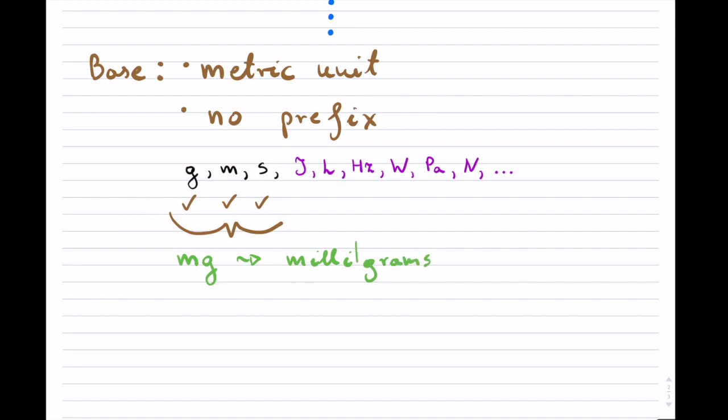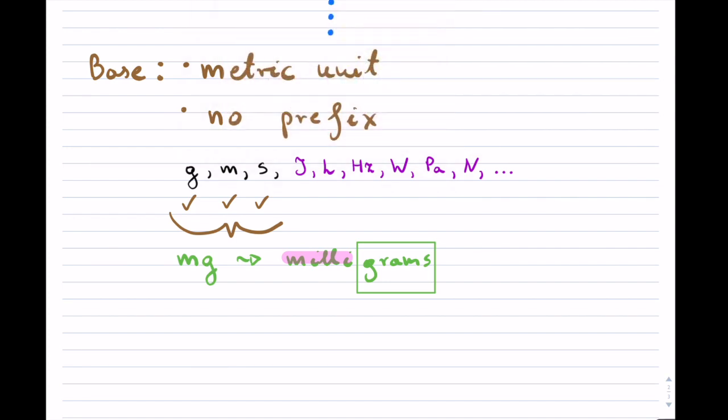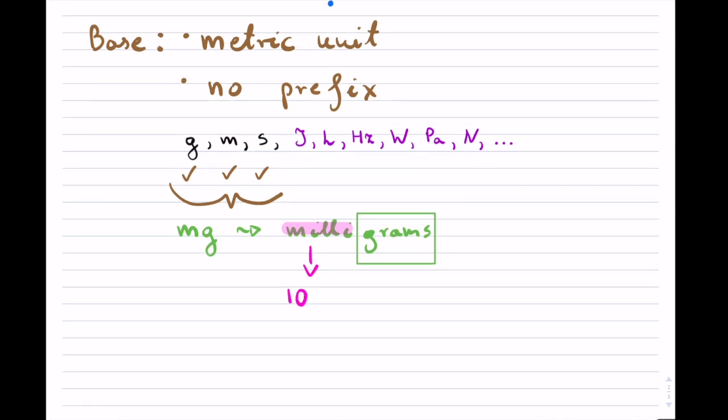So this right here that we have, grams, would be our base, and the actual milli would be our prefix. So what this actually means is that we have milli, which is 10 to the minus 3, if you go back to the chart. And then gram is just G.